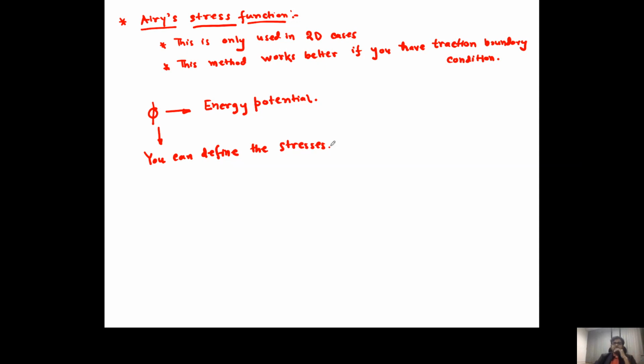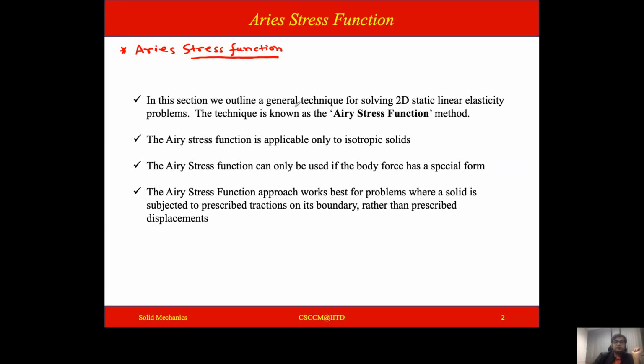So let us see what did we cover till now. In this section, and this is only applicable for 2D static linear elasticity problem. And also what is not written here is this is only applicable for isotropic problem also. If you have an orthotropic problem, this will not work.